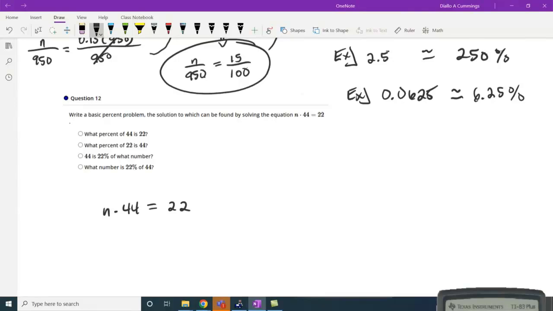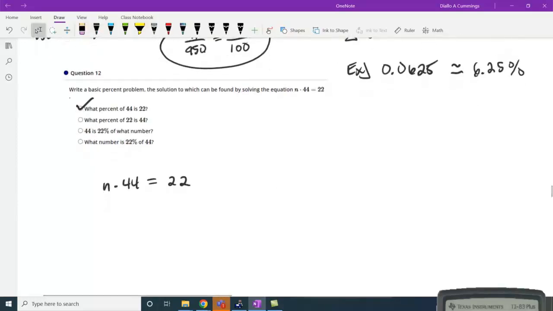So what should I do for this problem? Answer A, what percent of. Why would you say A? Because of the way it's written. We have n times 44 is equal to 22. I could divide both sides by that 44, because you only want to divide by whatever is attached to your variable. The opposite of multiplying by 44 is to divide by 44.